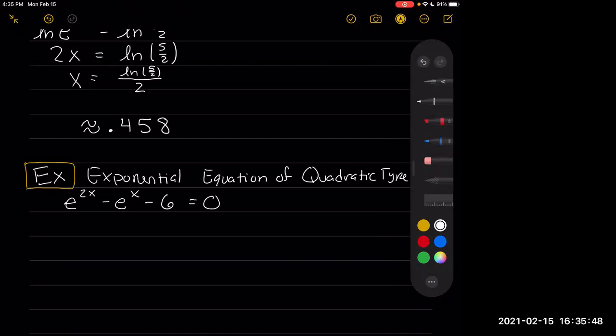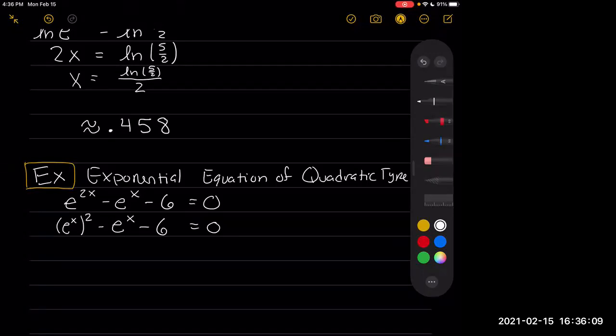So this is of quadratic type because the exponents are all, instead of using x, we're using e^x. So with rewriting, because we can pull out exponents, we have (e^x) squared minus e^x minus 6 equaling 0.